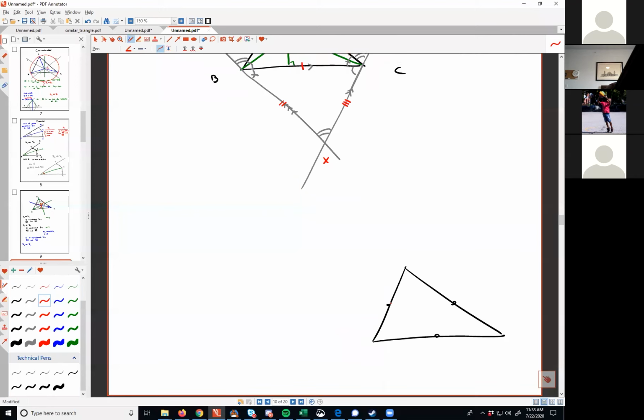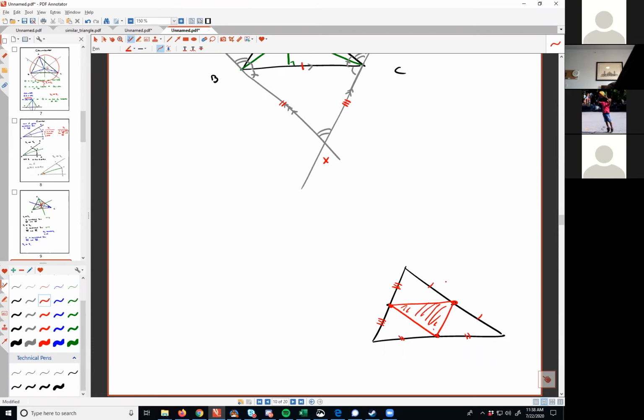And if we were to identify the midpoints of a triangle and connect them, we will always get congruent triangles and we will always have that 1-to-2 ratio between the triangle in the middle and the big triangle.